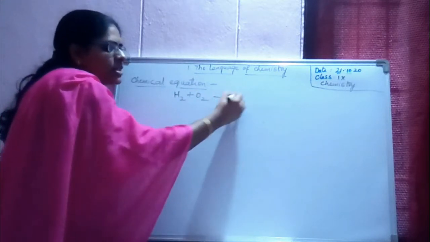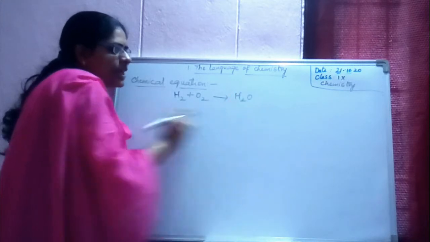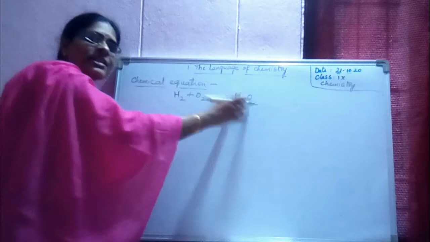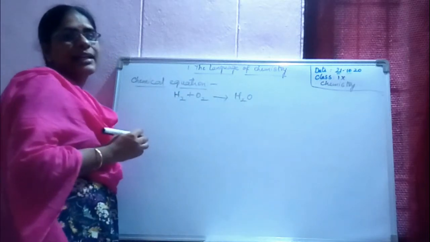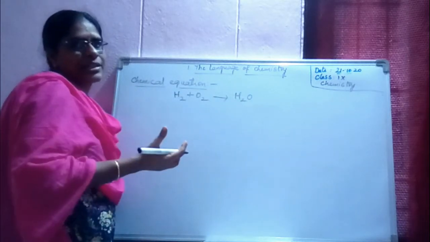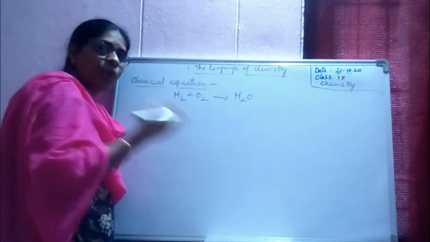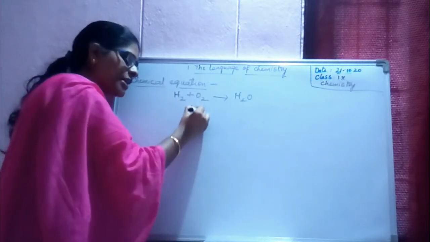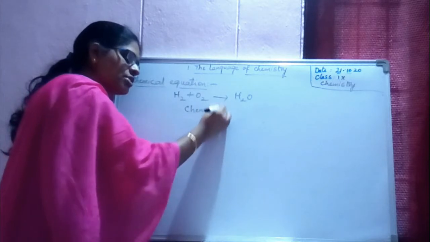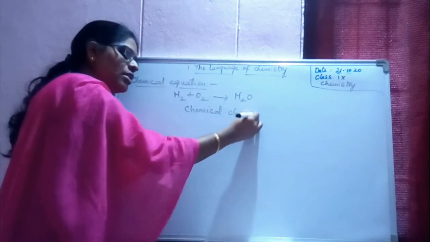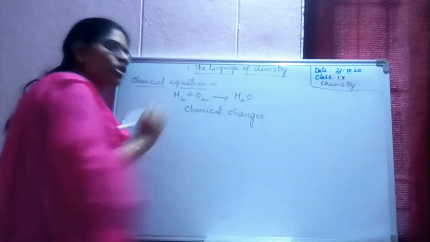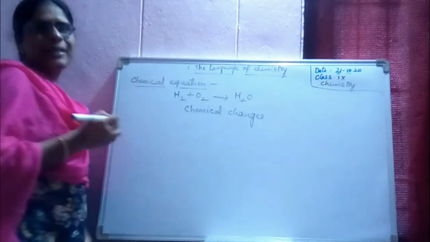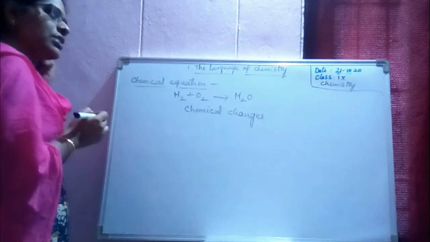Whenever a chemical reaction is undergoing, new products are formed. Those changes in which new products will be formed are called chemical changes. Okay? New products, if you are getting, such changes we call chemical changes.